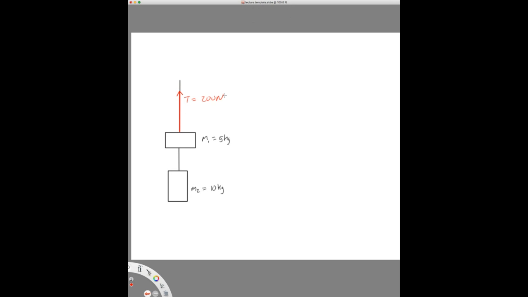I want to find the acceleration of each block. So we're going to find A for each block and the tension between the blocks.